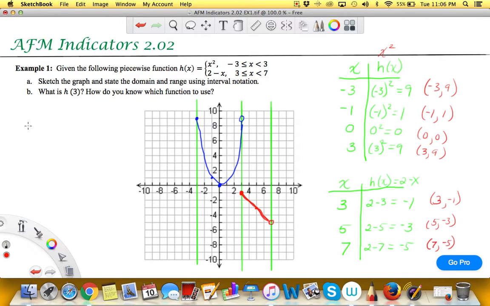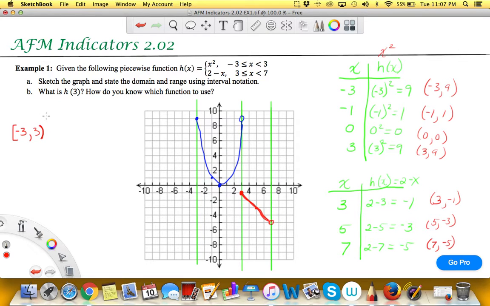Okay, so the domain basically goes from -3 to +3, and this is going to be there.